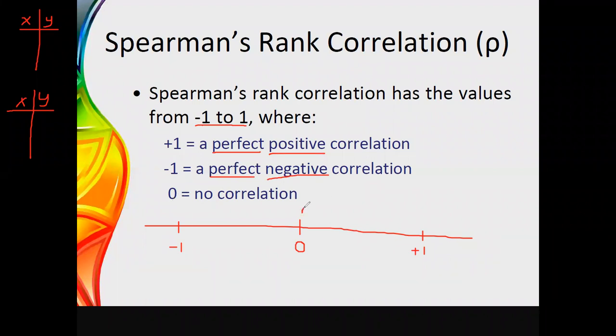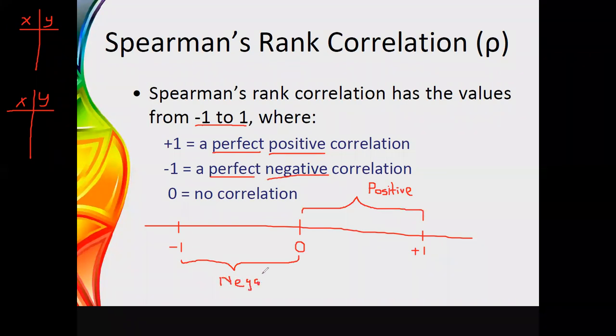But in between 0 and +1, we can say that it is somewhat a positive relationship. And if it is on the negative side, then we can say that there is a negative relationship in this region.